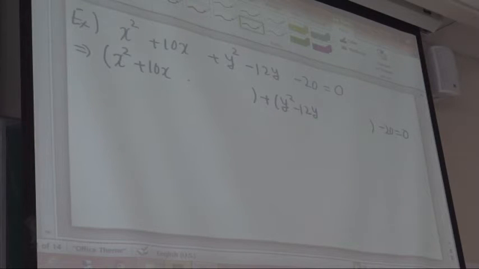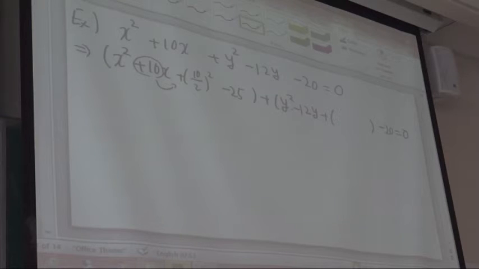So what we need is some constant to complete the square. The constant is, take this plus 10, just the coefficient of x, and then divide it by 2 and square that, which is 10 over 2 is a 5. 5 squared is a 25. So we subtract the same number, 25.